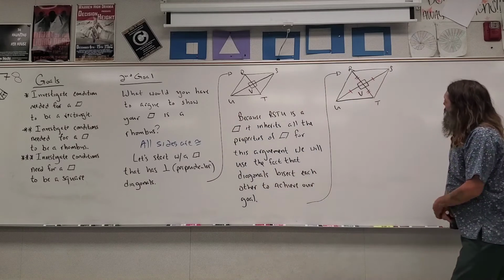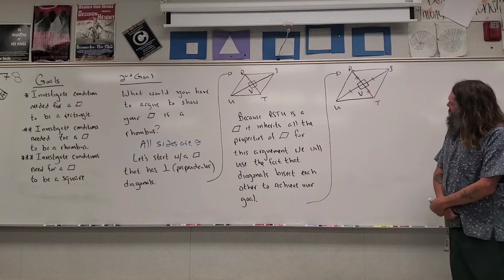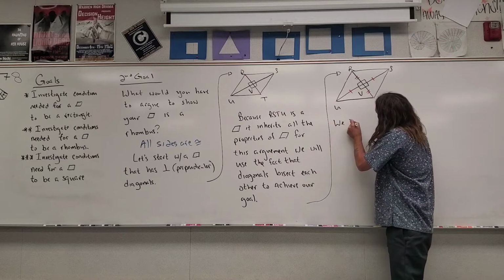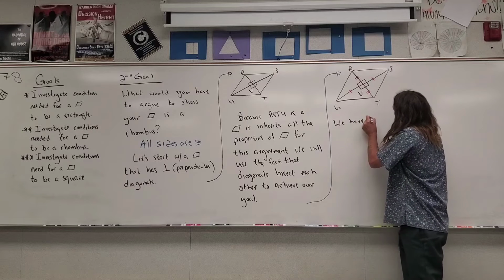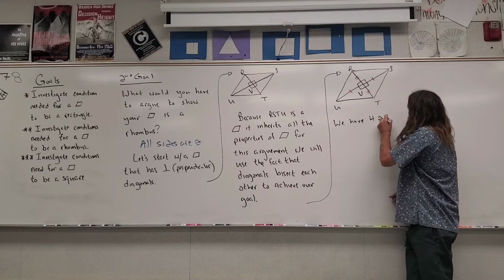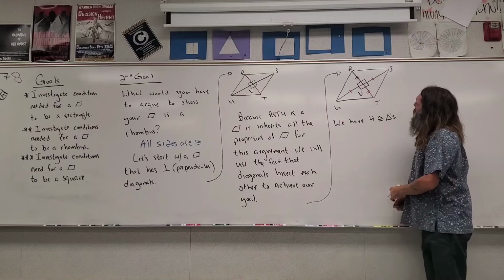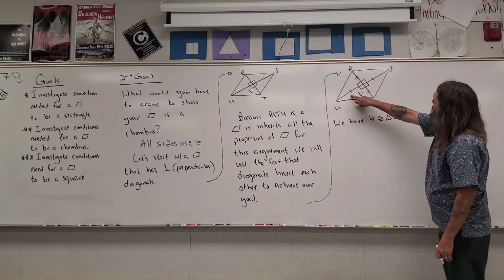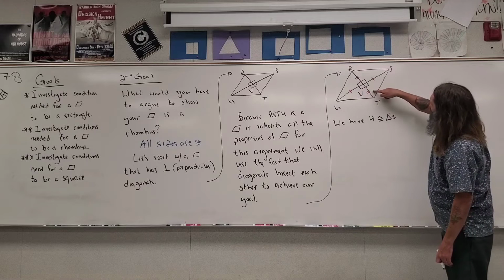All right, so let's see here. What did I just say? We have 4 congruent triangles, and they're congruent because of side angle side: 1, right angle, 2.